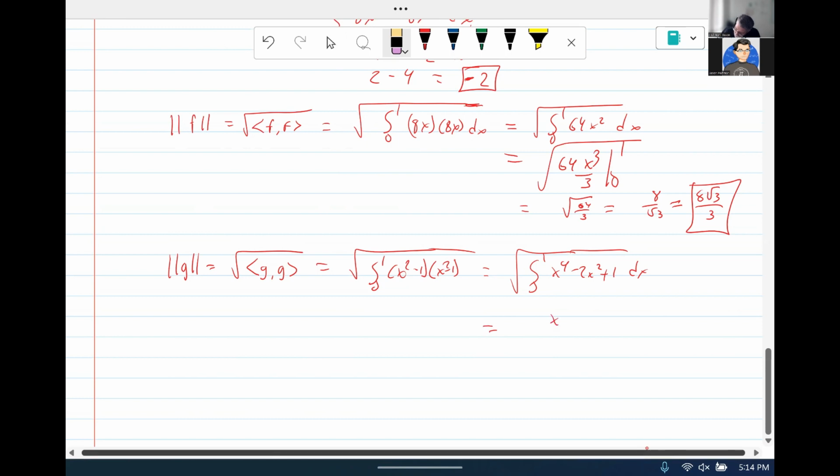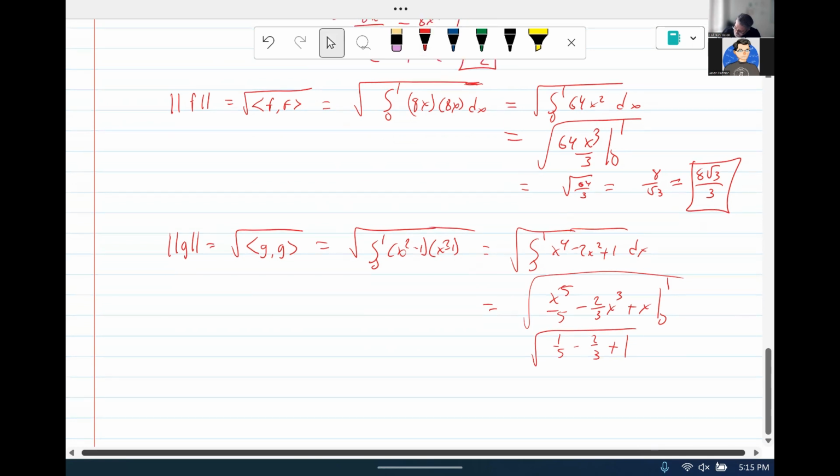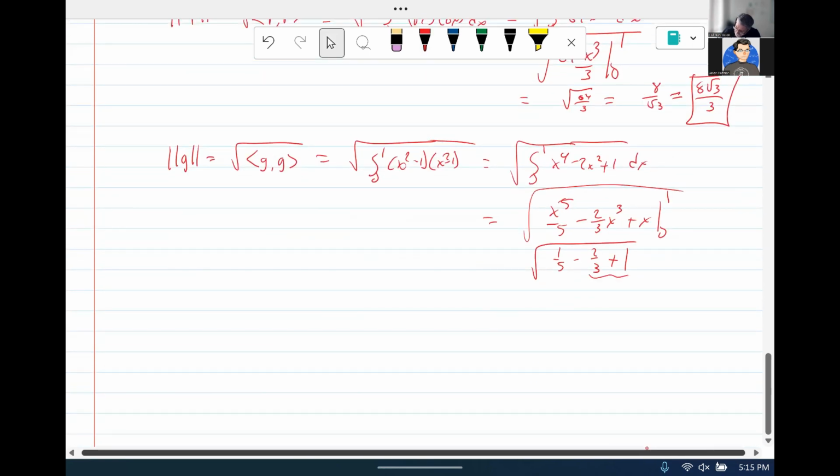So this is going to become x to the fifth over 5 minus 2/3 x cubed plus x from 0 to 1. So this is 1/5 minus 2/3 plus 1. I'll group these together first. 1 minus 2/3 is 1/3, and 1/5 plus 1/3 is 8/15.